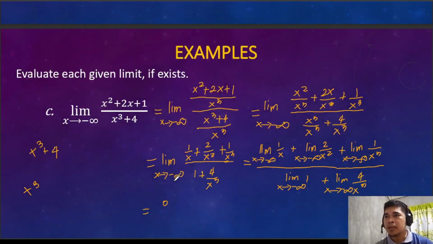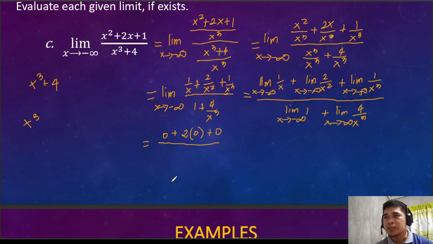Okay? Plus, the limit of 2 over x squared, that is, the limit of 2 is 2, times the limit of 1 over x squared is 0, plus the limit of 1 over x cubed as x approaches negative infinity, rather, is 0 also. Over the limit of 1, which is 1.